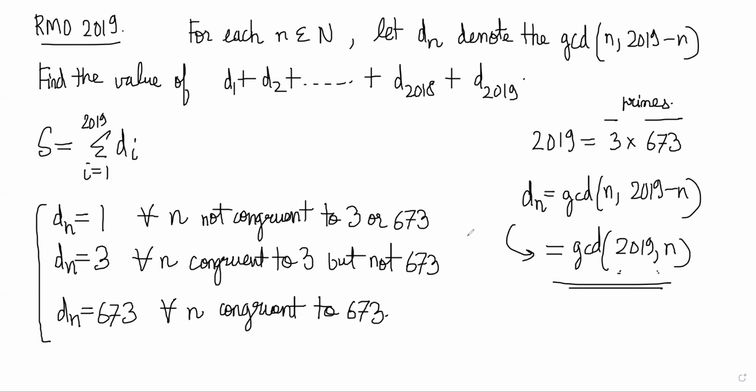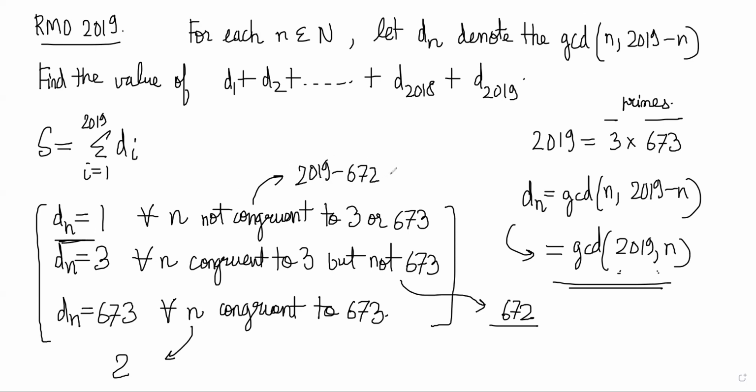Now all we need to do is find out how many terms of each kind there are. The terms with Dn equal to 3 will be the multiples of 3 up to 2019, so there will be 672 terms like this. And there will be only 2 terms less than 2019 here: one will be 673 and one will be 1346, twice 673. And the remaining terms from 1 to 2019 will fit in this pattern because all of those numbers will be co-prime with 2019. So this will be 2019 minus 672 minus 2 terms.